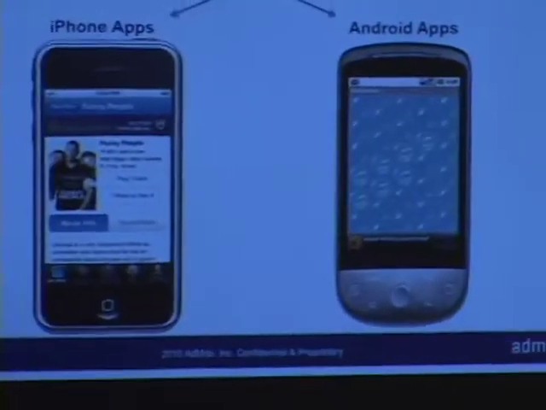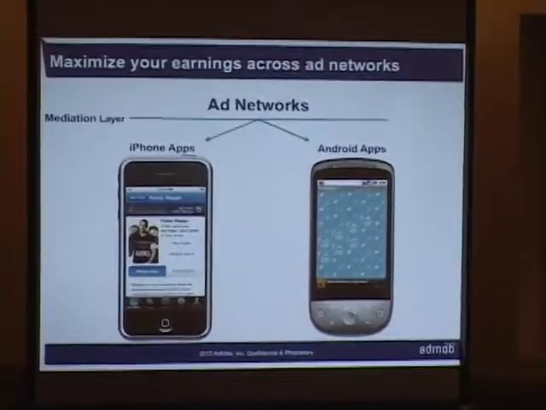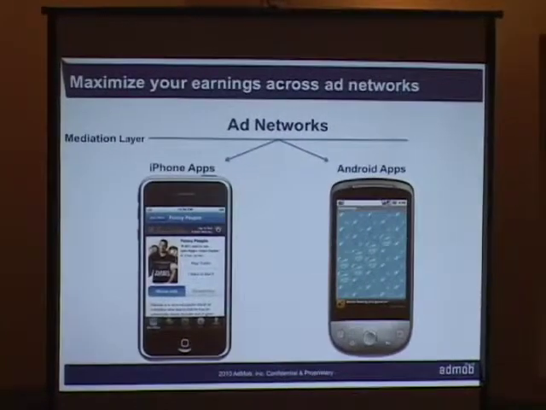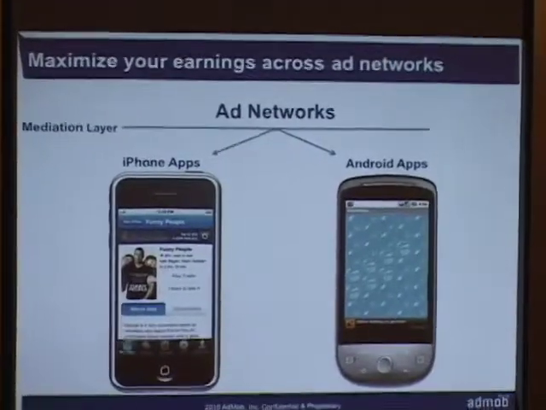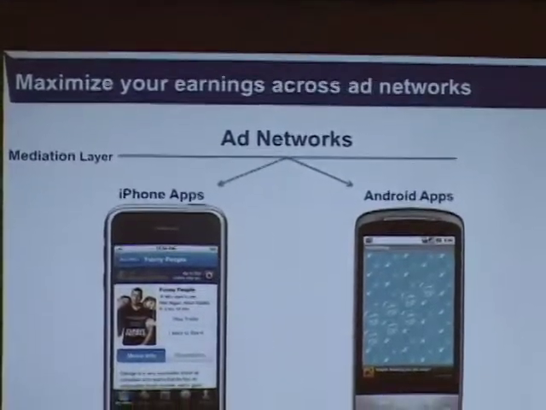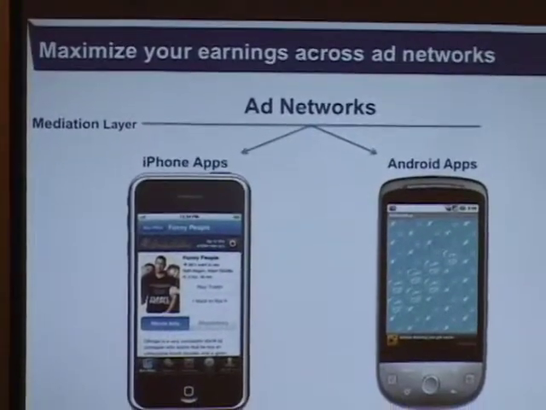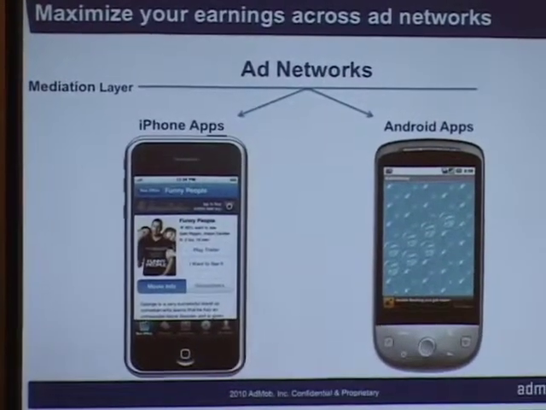Mediation layers are basically something that helps you, if anything, achieve a 100% fill rate. Because what it does is sit between the application that you have and the various ad networks that you can plug into it. All you would need to do is take the mediation layer SDK and put it in your application.